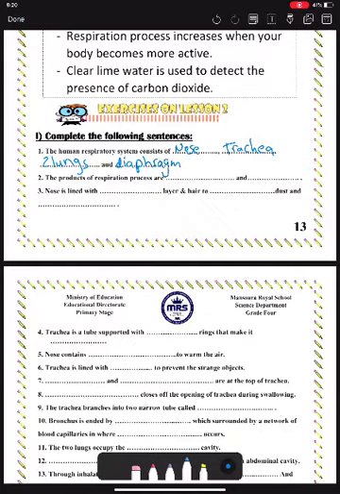Number 2, the products of the respiration process are carbon dioxide and water vapor. I can also say energy.